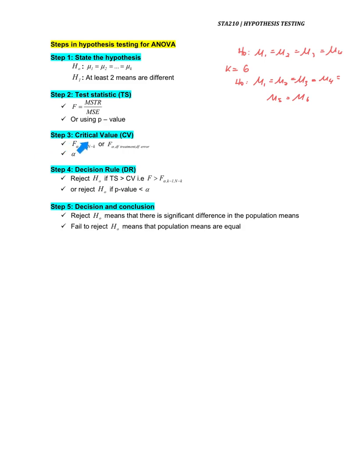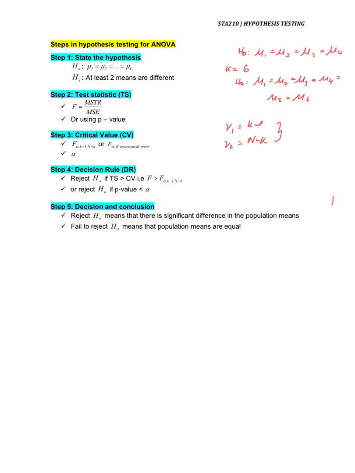Okay, step number 3, state the critical value. The critical value here, we take from this formula: F alpha, with degrees of freedom k minus 1 and n minus k. So alpha you don't have to divide by 2. The degrees of freedom, V1 is k minus 1, and V2 is n minus k.